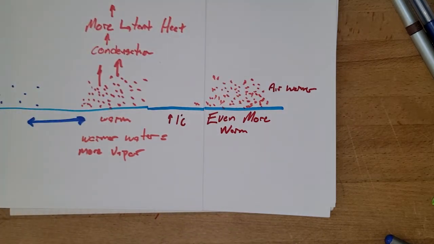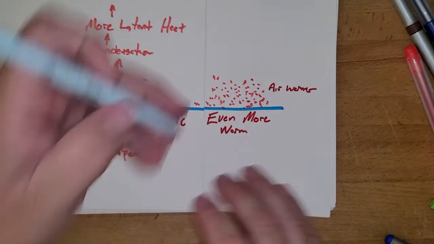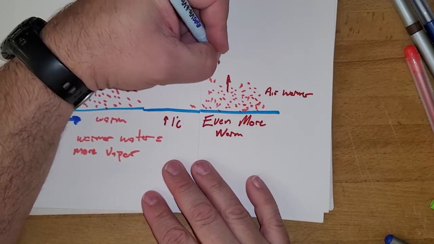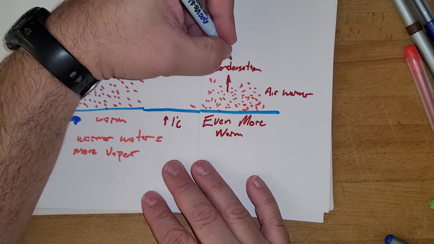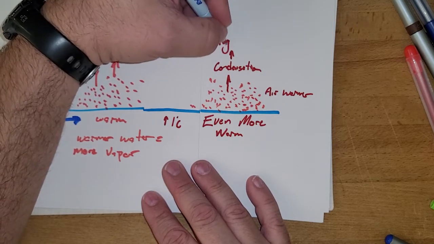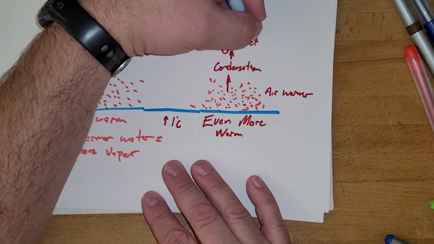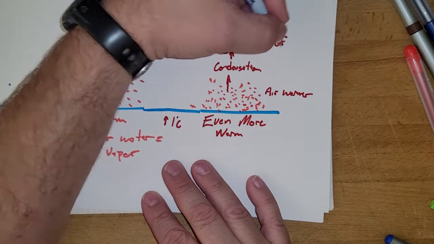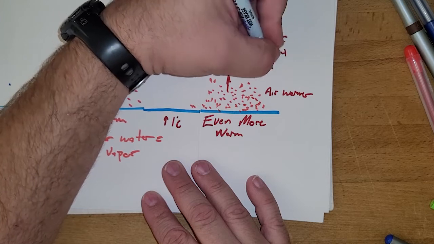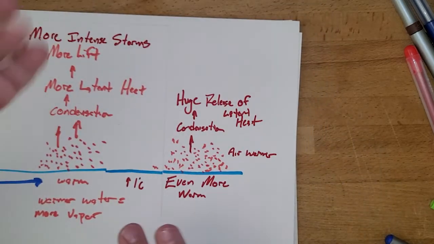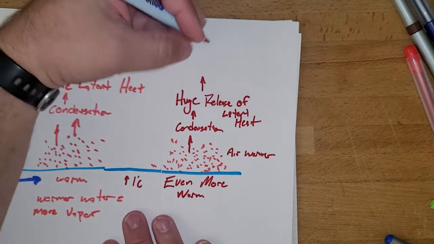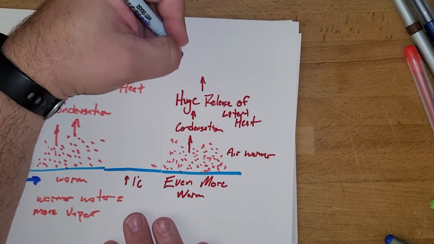And it starts to rise, and so we get condensation. And then we get a huge release of latent heat. It's going to get bad, because then it's going to be more strength.